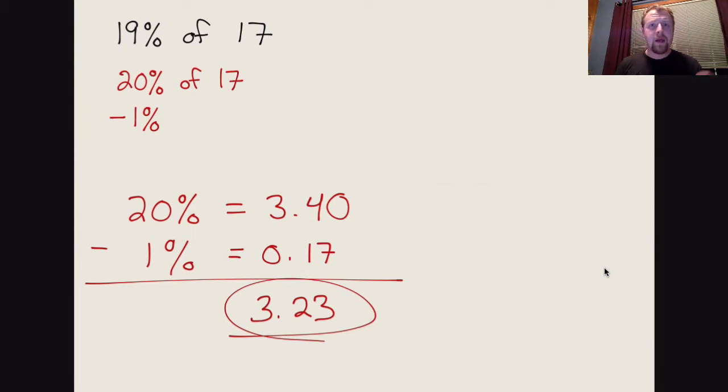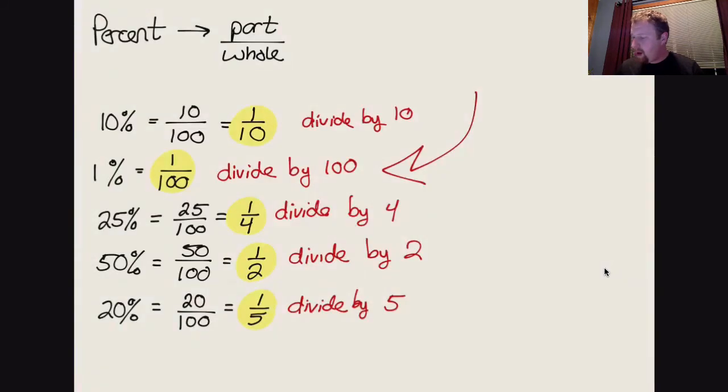So these are ways that we need to start thinking about percents, breaking them up. Now, as we move forward, we're going to look at some methods of working with percents that are a little bit easier. However, when we are done with this, it is my goal that you will be able to look at a percent and in your head work with some of these simple percents to at least be able to estimate something closely.